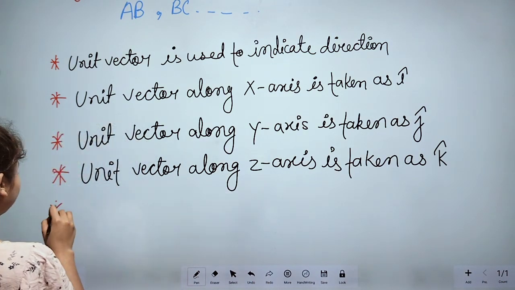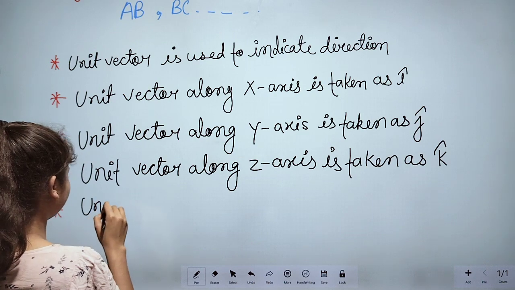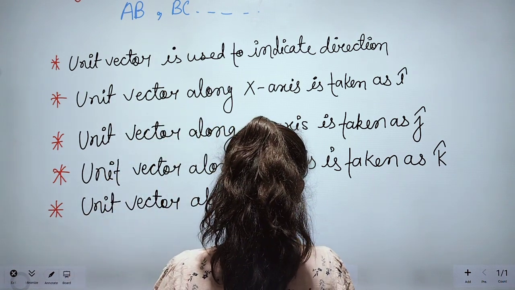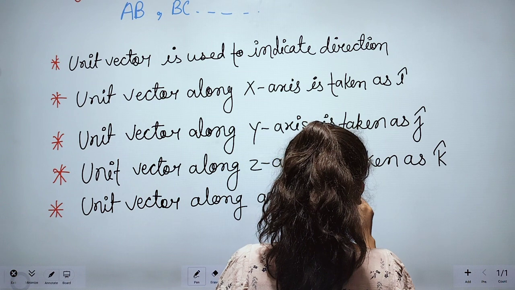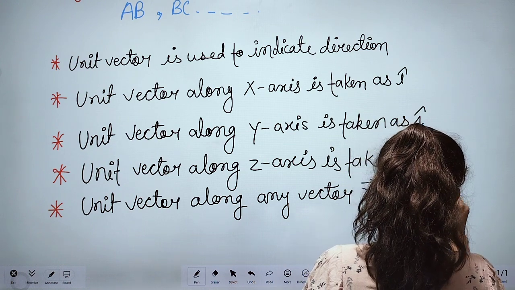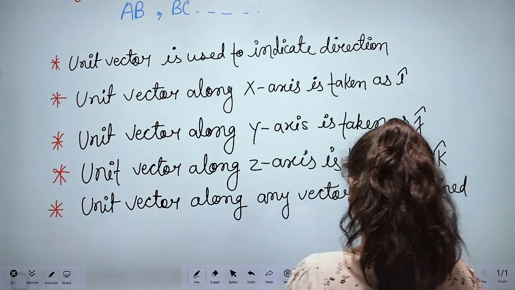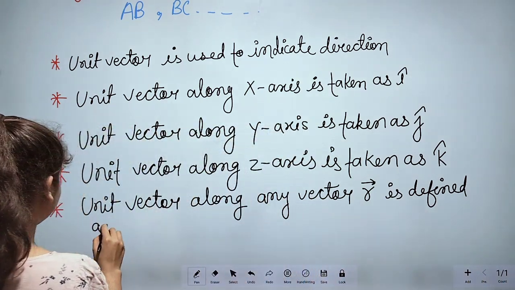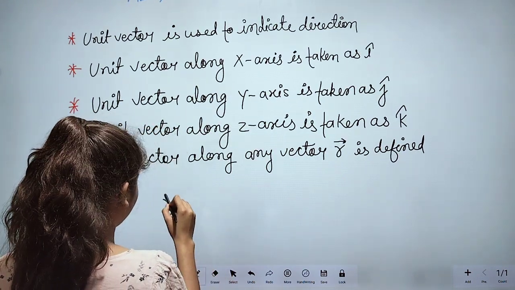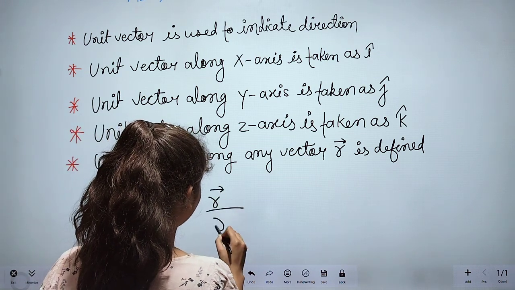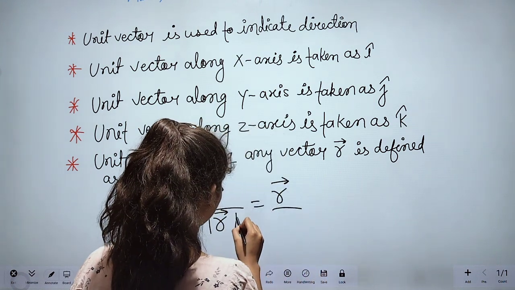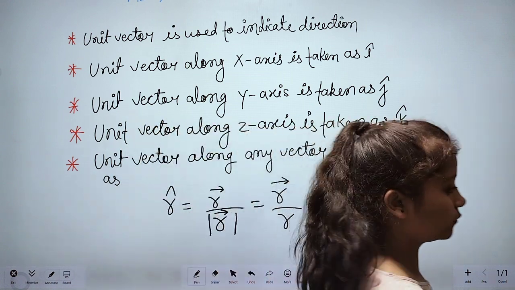Now the unit vector along any vector r vector is defined as r cap is equal to r vector by r vector mod, that is r vector by r.